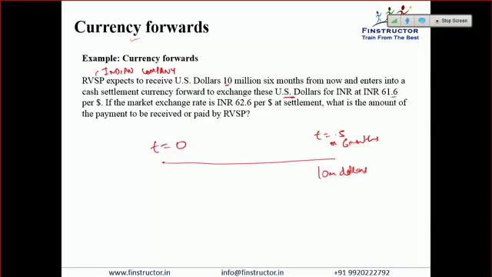If it's an Indian company, then its expenses and costs and payments to suppliers most likely will be mainly in INR or in Indian rupee. So what is the risk that RVSP is facing? That the INR depreciates or the INR reduces in value.